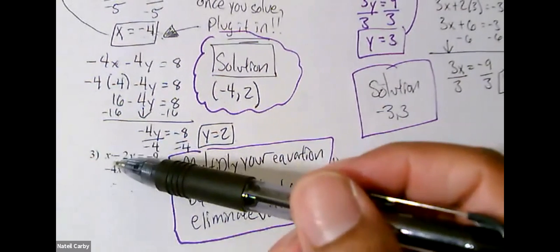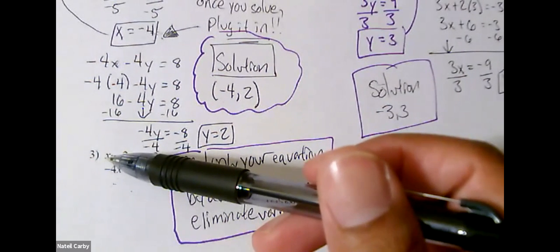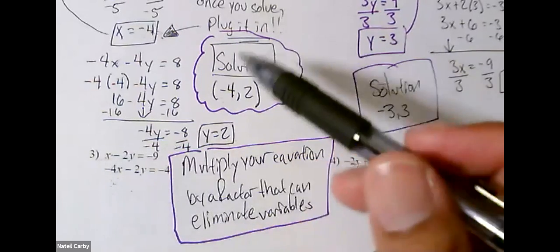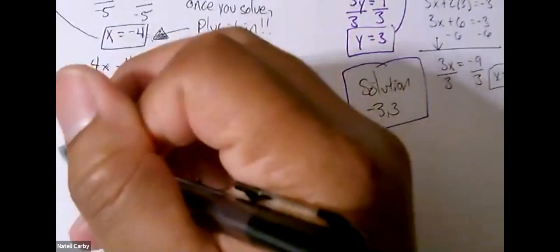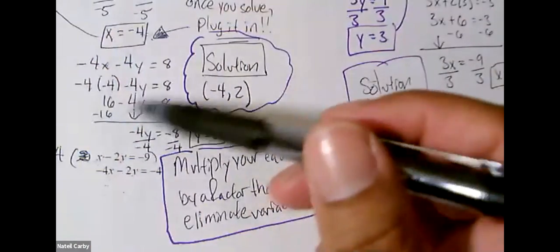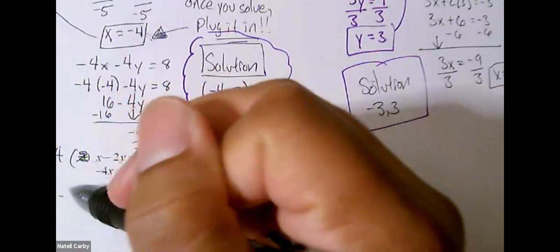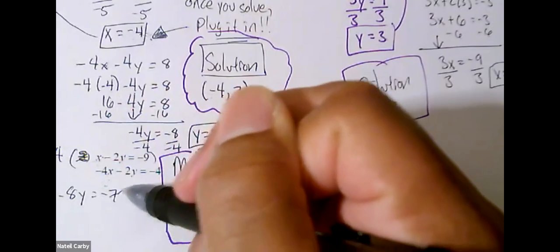When I look up here, I have a negative 4x, so maybe I can make this a positive 4x. So how can I make it a positive 4x? I multiply everything by 4, right? So then I got, and then, let me write it over here. 4x minus 8y equals negative 72.